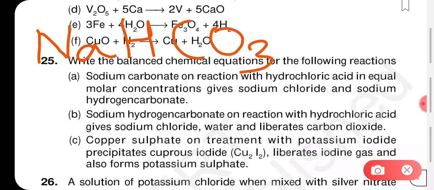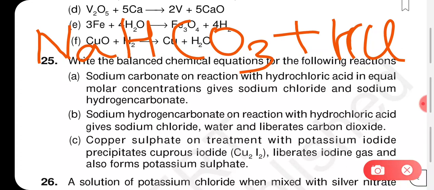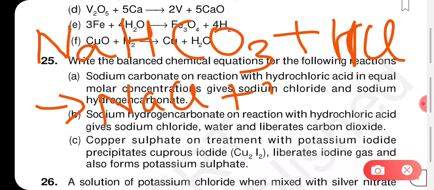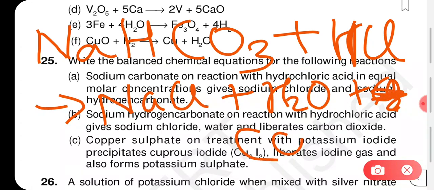So NaHCO3, on reaction with hydrochloric acid, HCl, will give sodium chloride, water, and liberate carbon dioxide. It gives sodium chloride, that is NaCl, and water, that is H2O, and it is liberating some carbon dioxide, so CO2. Make the correction over here, this is CO2.